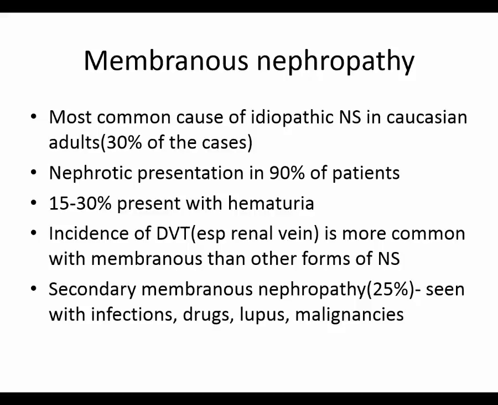But as of right now, if they ask you in the boards, do we anticoagulate them empirically just because of the proteinuria? The answer is no. And what is the most important thing that correlates with the risk of developing DVT? It is the albumin level.